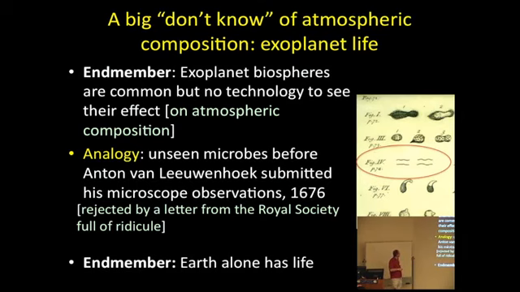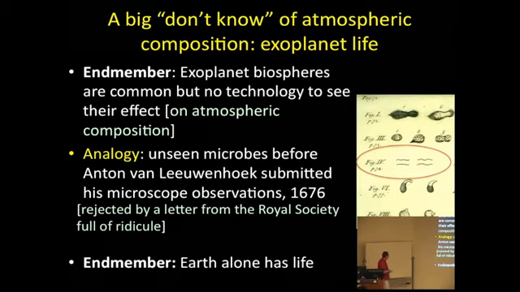And it's actually one of the worst rejection letters in scientific history because they said that it caused merriment and considerable giggling. And the secretary of the Royal Society even questioned the sobriety of the observer during his observations. He discovered microbiology. So that's an example I use if a student gets a paper rejected. Don't worry about it, it just means you're doing something interesting.